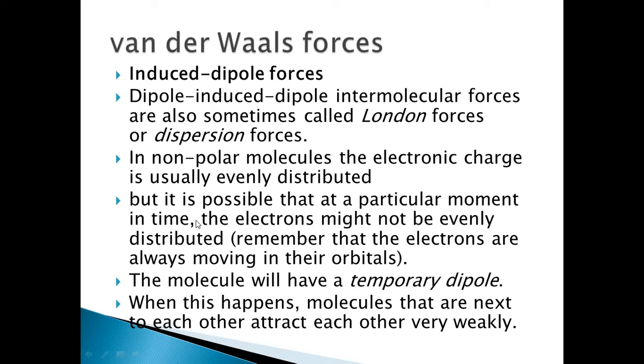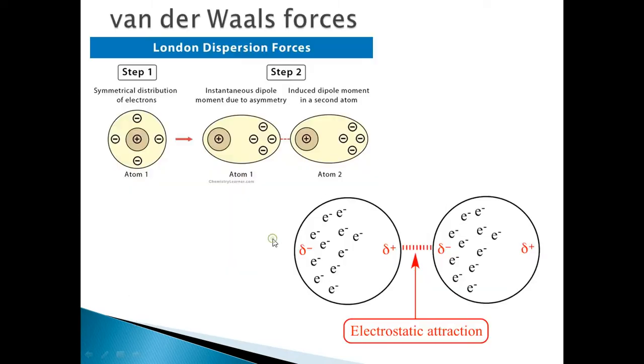That end will become temporarily and partially negative. And this negative end will now attract the positive end of another atom, and there will be an attraction between the opposite charges, a temporary attraction which does not last long. This type of attraction is what is termed induced dipole forces or London forces.